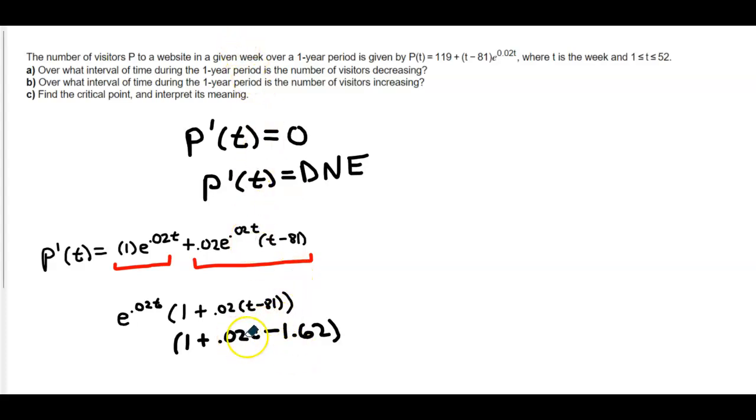That should give us just a negative 0.62. 1 minus 1.62 is negative 0.62. So the simplified form of the derivative here, factored form, which we can now set to 0, is e to the 0.02t times 0.02t minus 0.62.